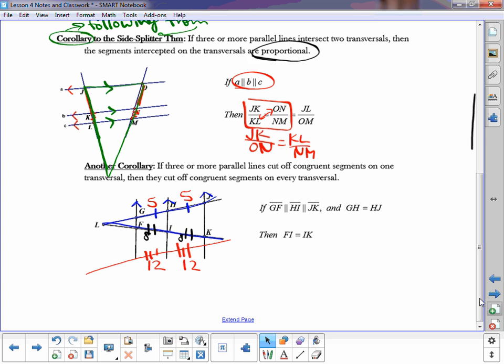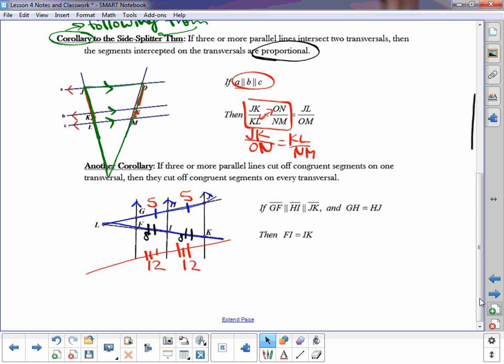So the congruent segments from the top, we can get to each other, but the 5 and the 8 are not congruent. Correct. So different transversals will have different pieces cut off, but I know that on the same transversal, the pieces will be congruent.